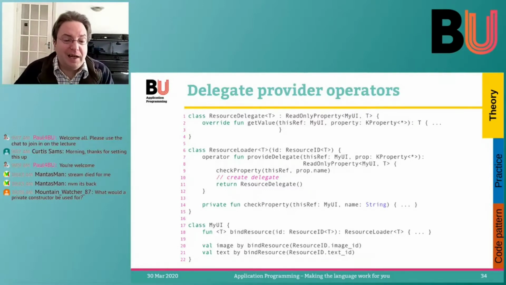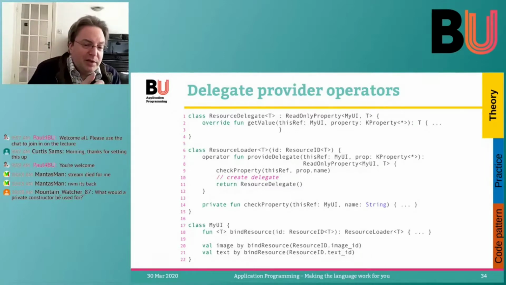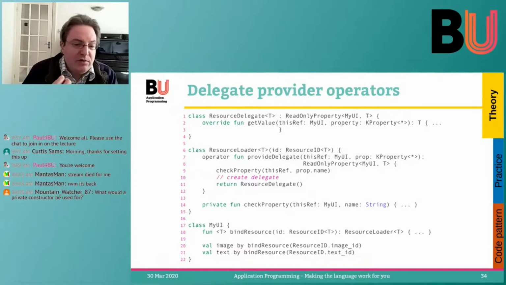So what provideDelegate does is it allows you to create a delegate. In this case it's a member delegate, so a resource loader might say, okay, if you want a delegate, I need to check that this property actually exists, and then it creates a resource delegate that actually gets that property.